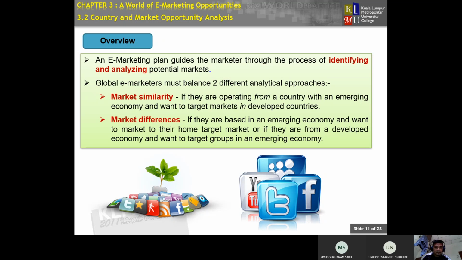Market similarity: you operate from a country with an emerging economy and want to target a market in developed countries.